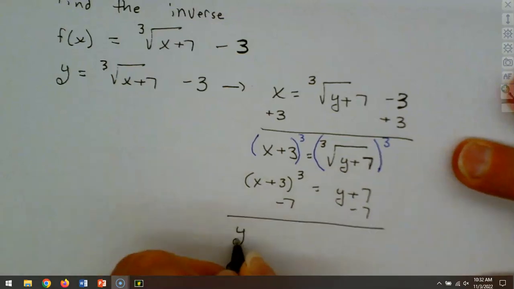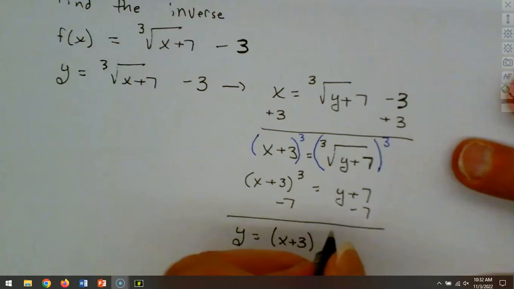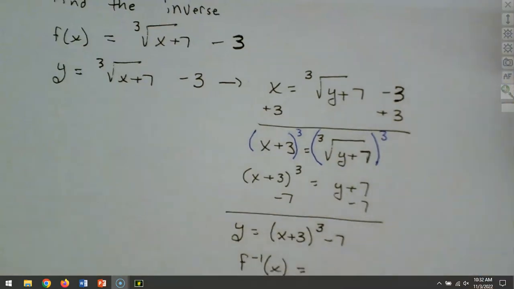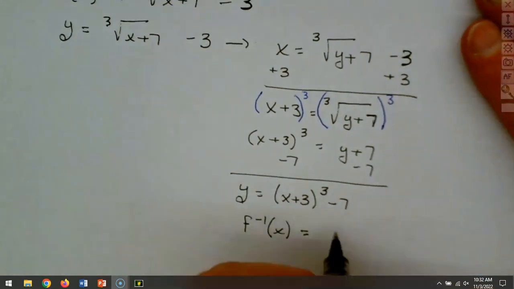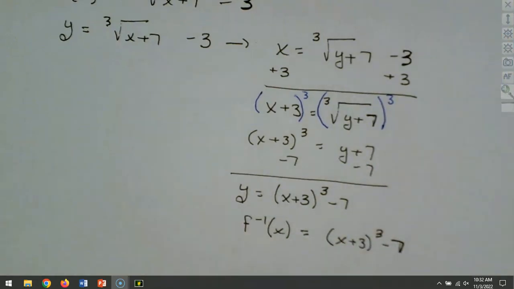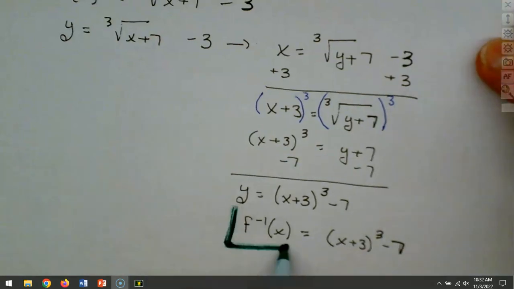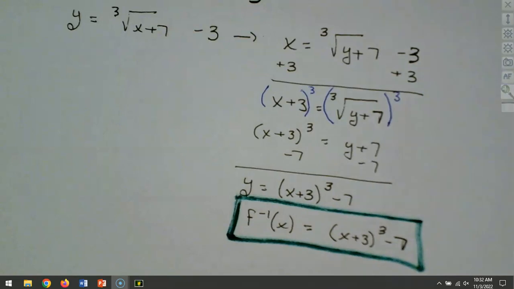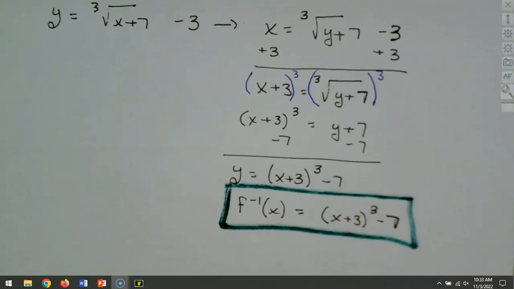And we now have y equals x plus 3 quantity cubed minus 7. And so f inverse of x, which is our functional inverse, is x plus 3 quantity cubed minus 7. Okay. So there is your inverse.